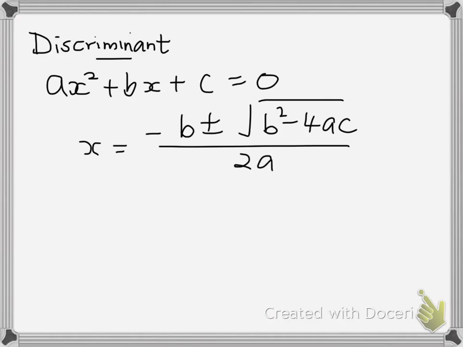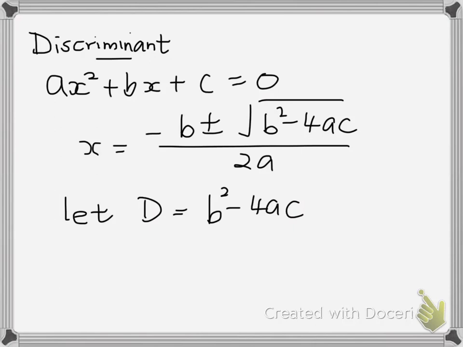Okay, so what we want to do is let this be the discriminant, and we just use the capital letter D. Some books like to use delta, but anyway, it doesn't really matter. D is b squared minus 4ac.